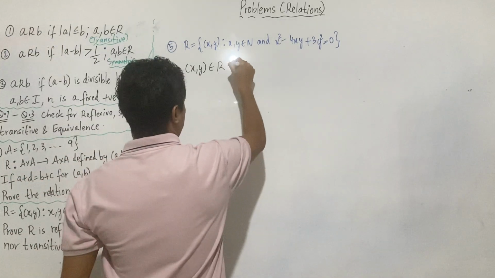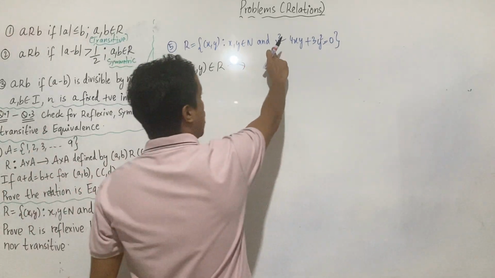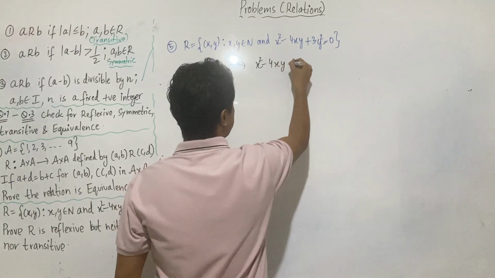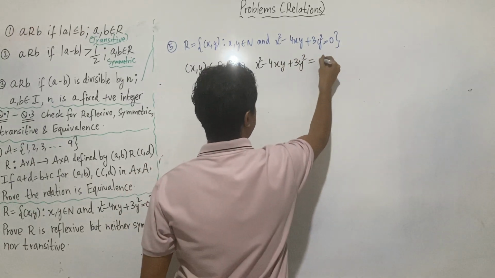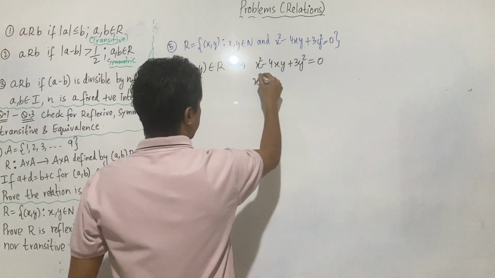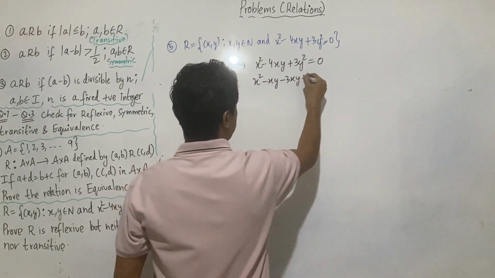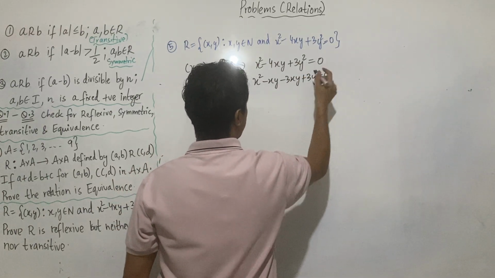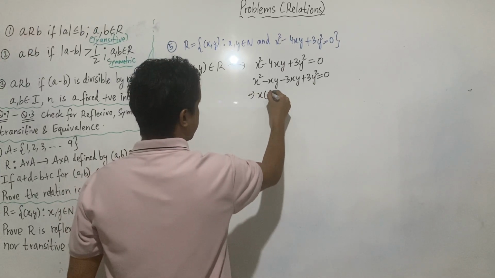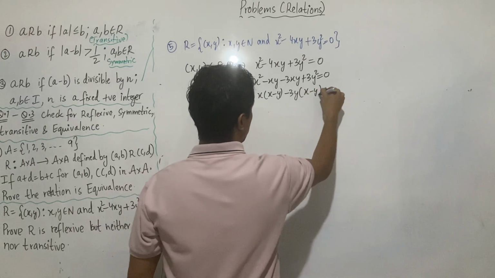Which x and y are going to be in the relation? Only those that satisfy this condition. Can we simplify it? Let's see. Here x squared minus xy minus 3xy plus 3y squared equals 0. So here x(x minus y) minus 3y(x minus y).